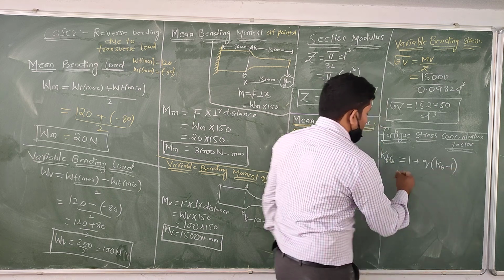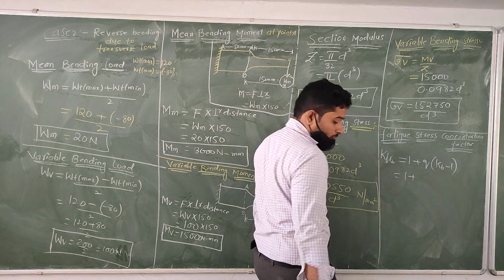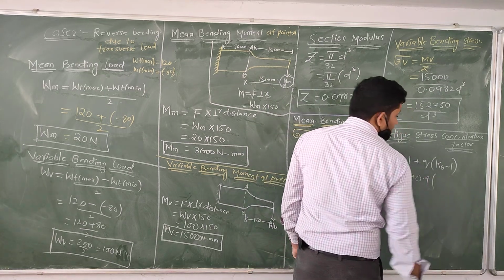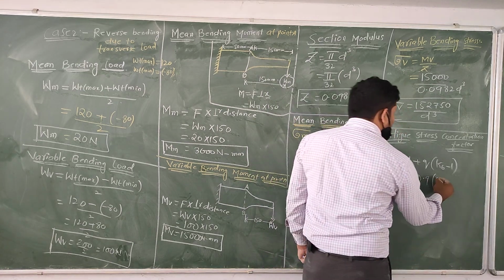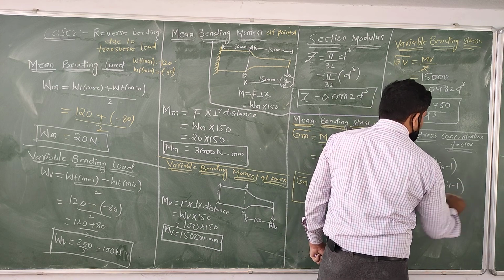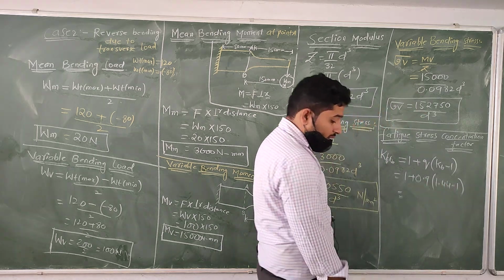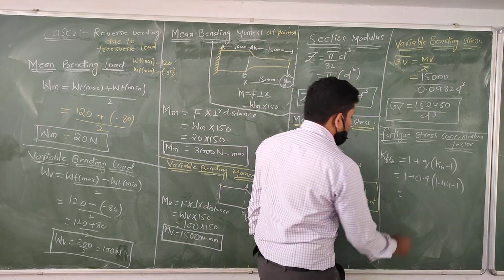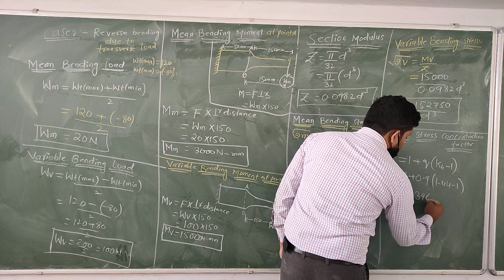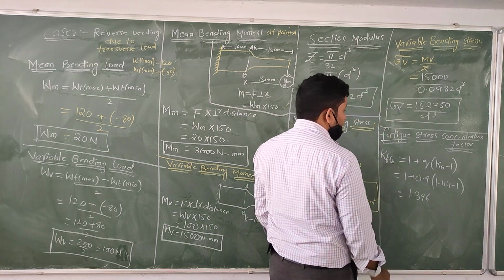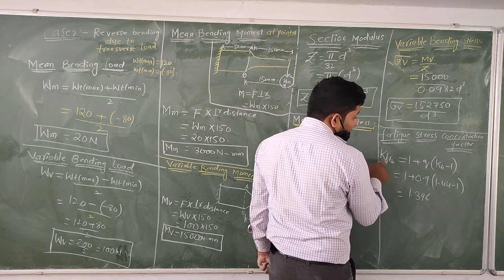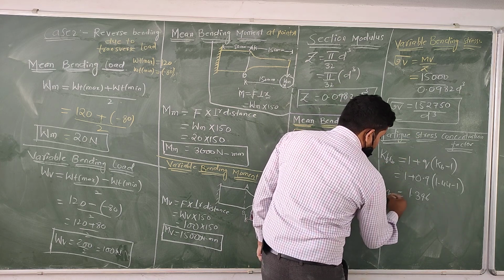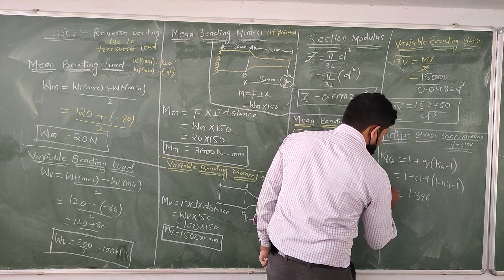So 1 plus q, the q value we got here is 0.9, and Kt we got here is 1.44, minus 1. If you calculate this, you will get the value 1.396. That is the value of the fatigue stress concentration factor acting at point B in the form of bending. Kfb we can represent.